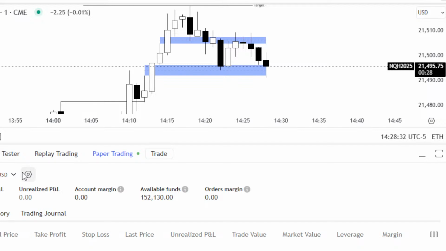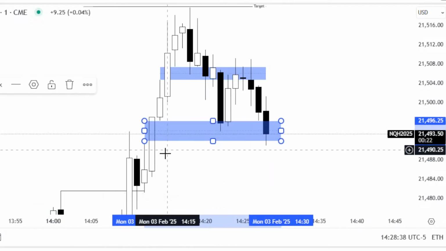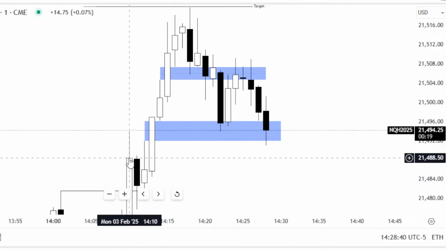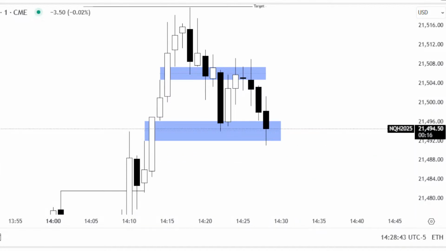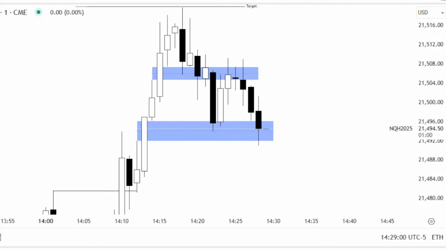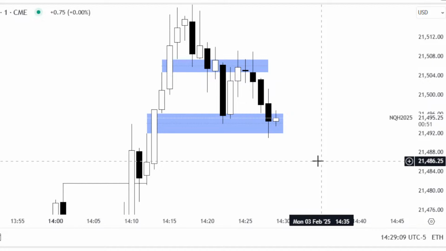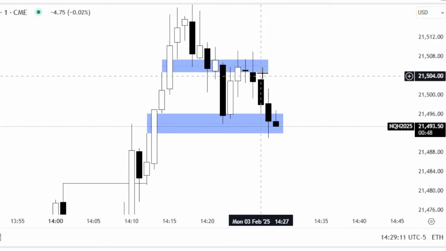Right, so we're up $2,100 for the session. See, we set this black candle. Right, so this fair value gap was holding price, push.